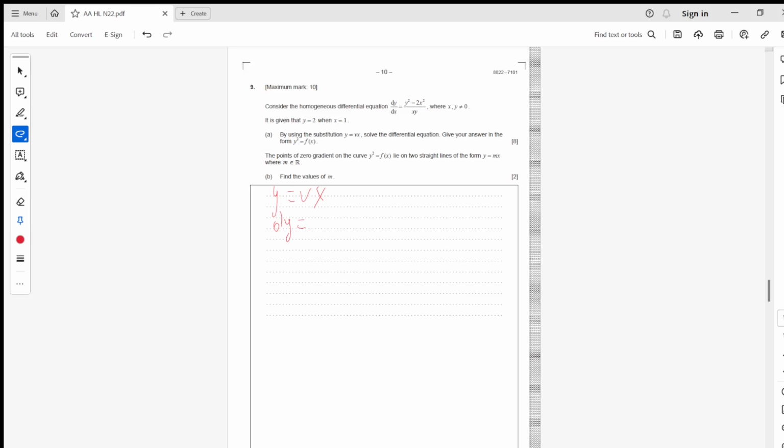We need to use a product rule. dy/dx is equal to, and let's put it in our initial equation.